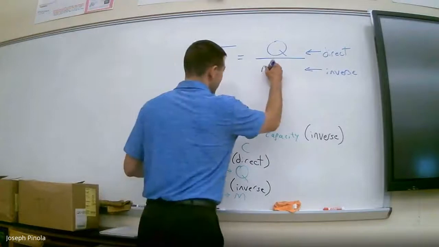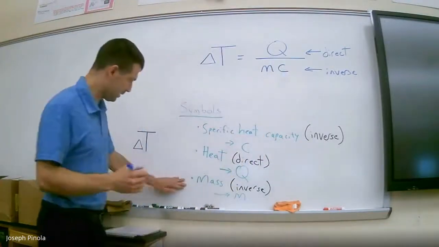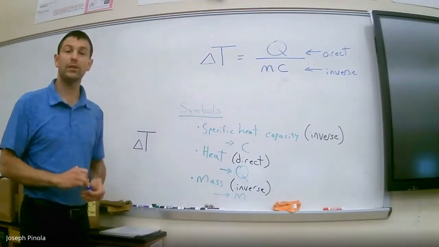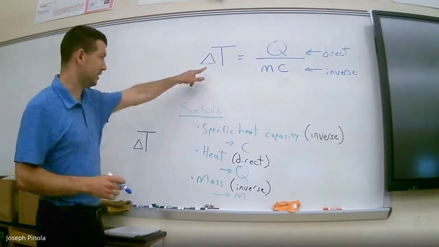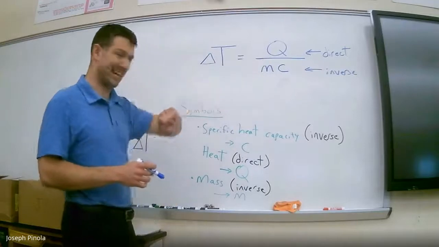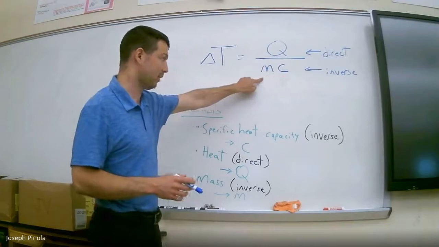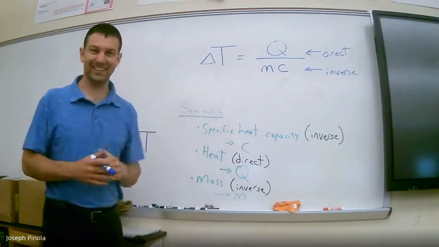That's mass, M, and specific heat capacity, C. Notice by following these rules, we've created an equation. Delta T equals Q divided by MC. The factors that are inverse relationships are on the bottom, and the factor that has a direct relationship is on the top.